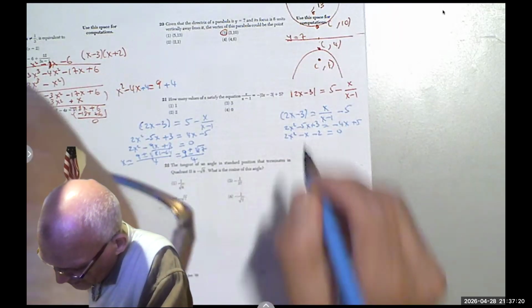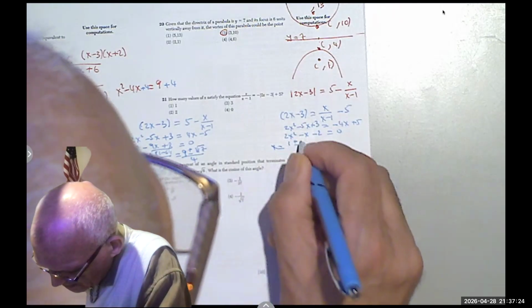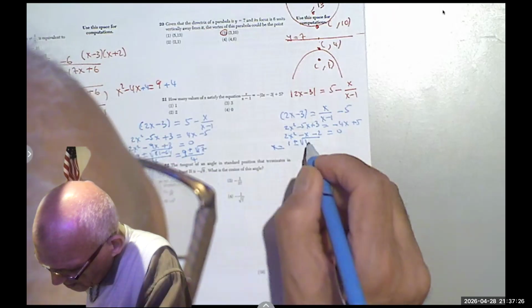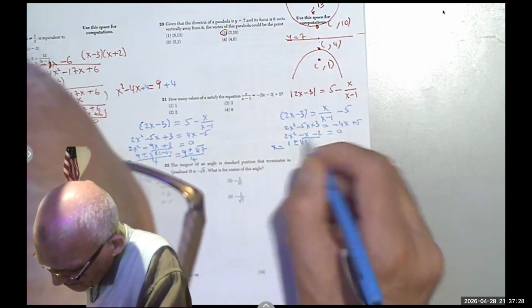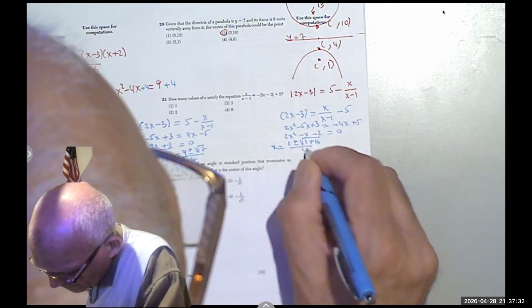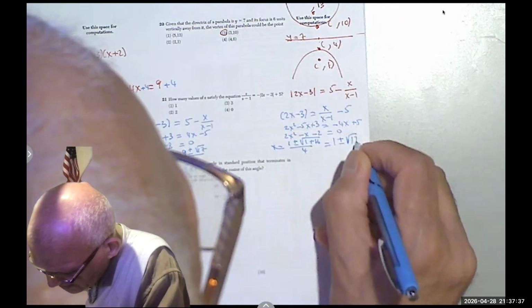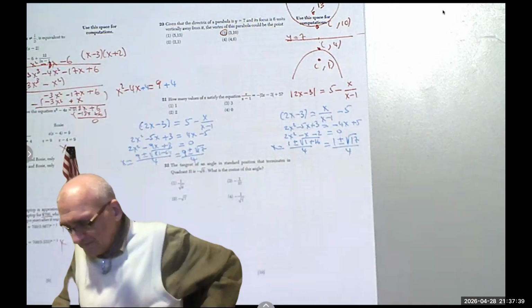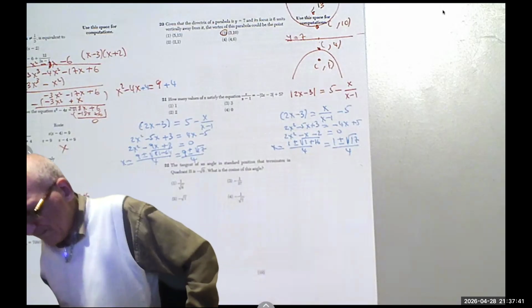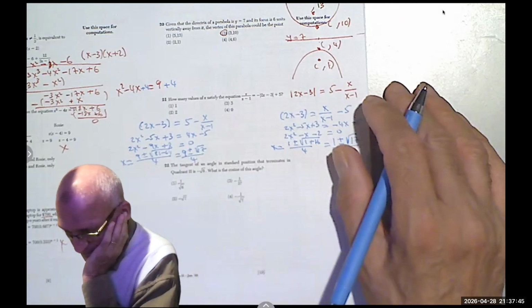Okay, what about this? x is negative b, which is 1, plus or minus the square root of 1 minus, negative times negative is positive, 4 times 2 is 16, over 4. So 1 plus or minus also root 17 over 4. So these are 4 solutions. One of them definitely may be a problem.